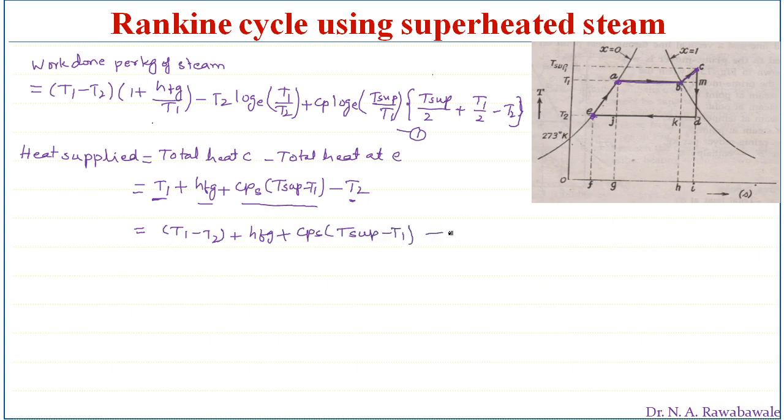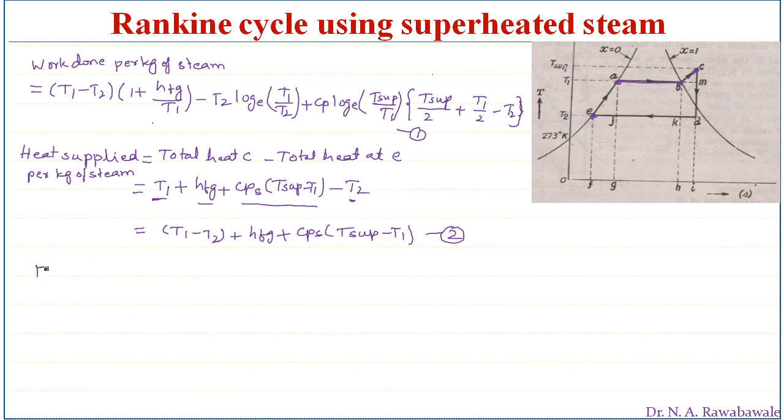So this is equation number 2, which gives us heat supplied per kg of steam. Heat supplied per kg of steam is given by this equation.